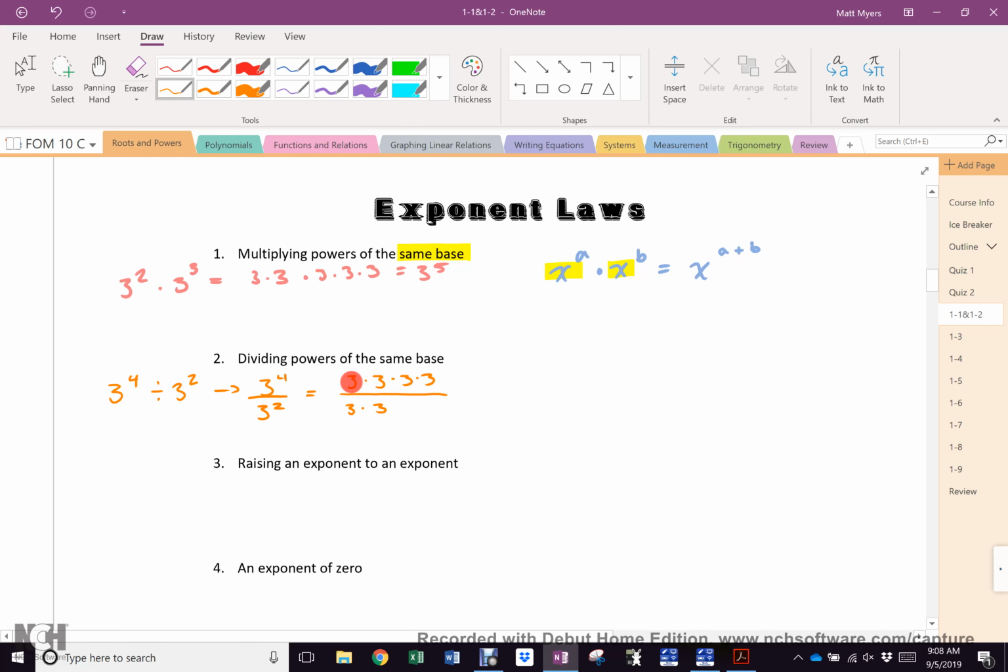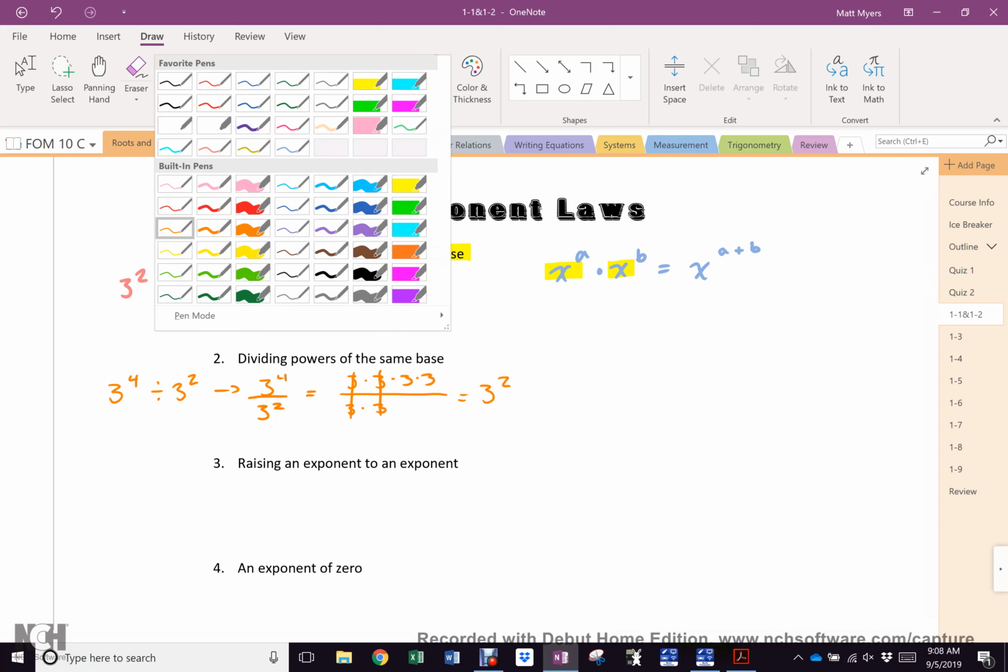That means 3 divided by 3 is 1, and 1 times 1. That's why we get to cancel, because it's multiplying by 1. A mistake that a lot of kids make when they hear cancel is they think that becomes 0. Is it 0? No, it's 1. Because if that was 0, I would have 0 times everything else, which would be 0. And we can quite plainly see it's not 0. I have 2 3s left over, 3 squared.